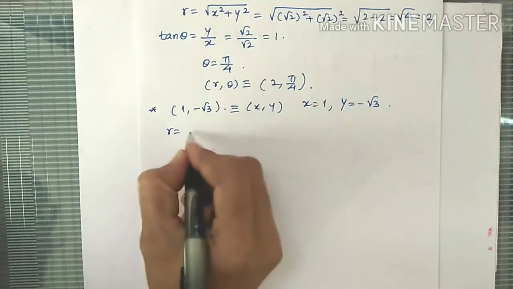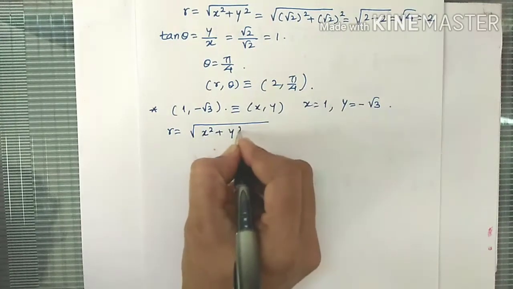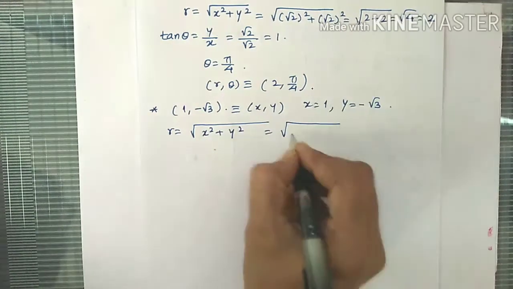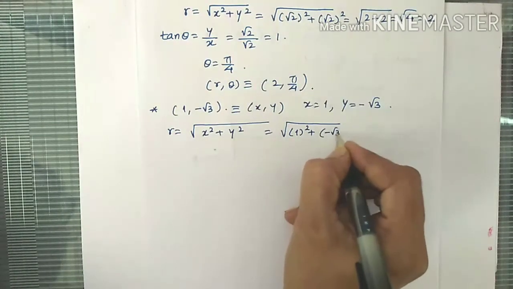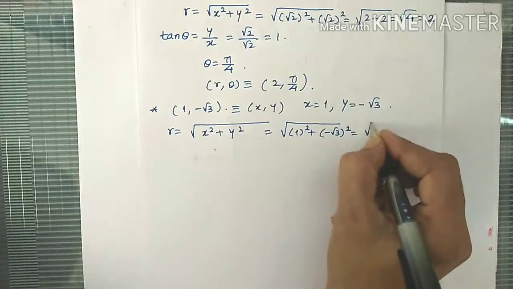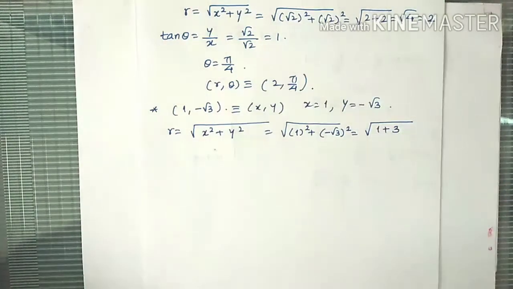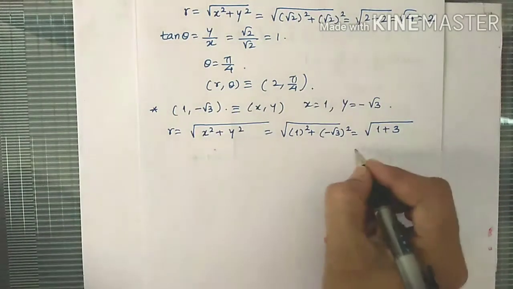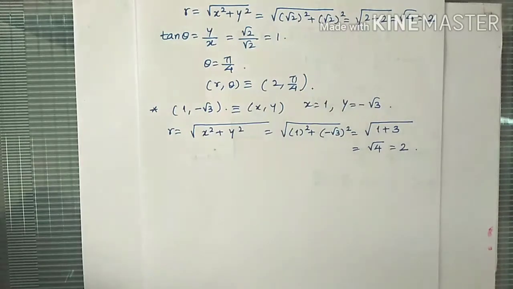You can easily find out value of r. r is root x square plus y square. So root of 1 square plus minus root 3 square, equal to root of 1 plus 3, since minus square is positive and root 3 square is 3. So 1 plus 3 is 4. So root 4 again is 2.